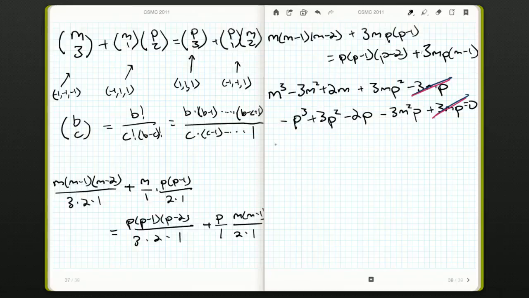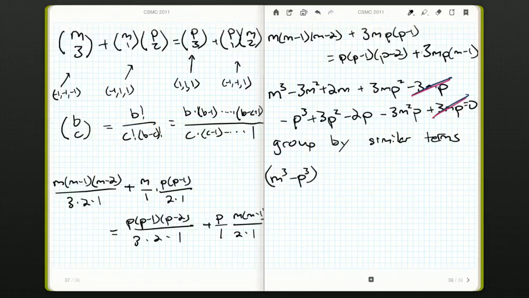So what I'm going to do is not group by like terms, but group by similar terms. So I'm going to go m cubed minus p cubed. And I'm going to group that together because it looks very similar. And then we're going to do minus 3 times m squared minus p squared.